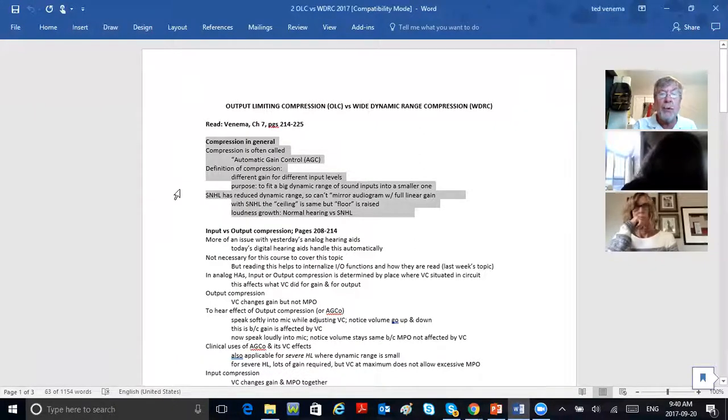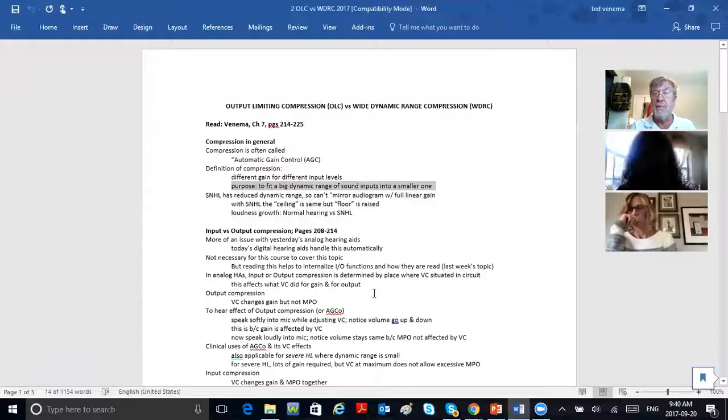The whole purpose behind compression is to enable a bigger dynamic range to fit into a smaller one. So remember, with sensory neural loss, the floor is up. I'll stop sharing so we really focus and concentrate. The loudness tolerance here, the floor goes up. The person can't hear at 0.